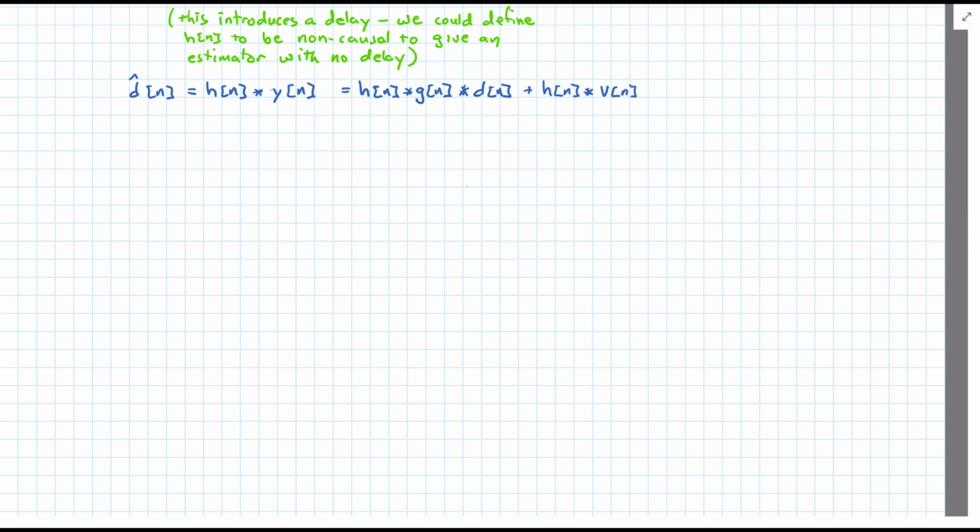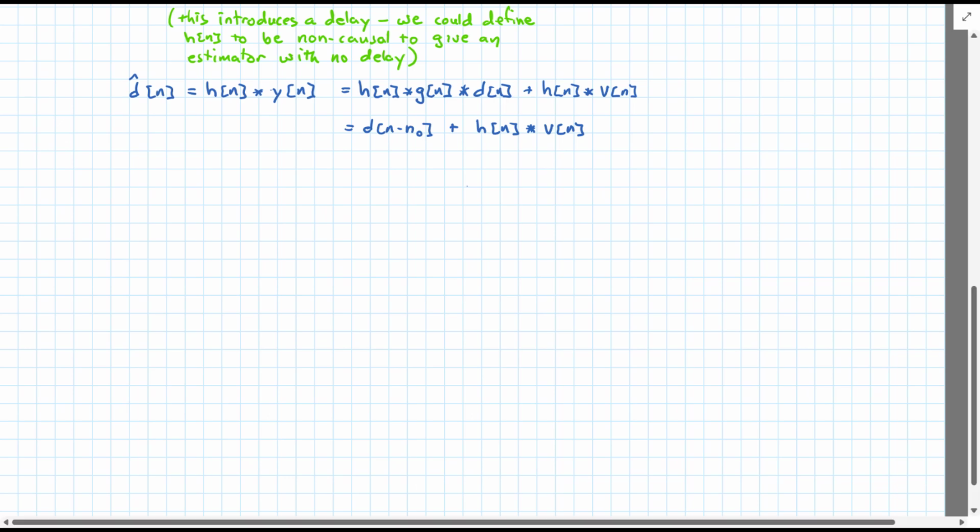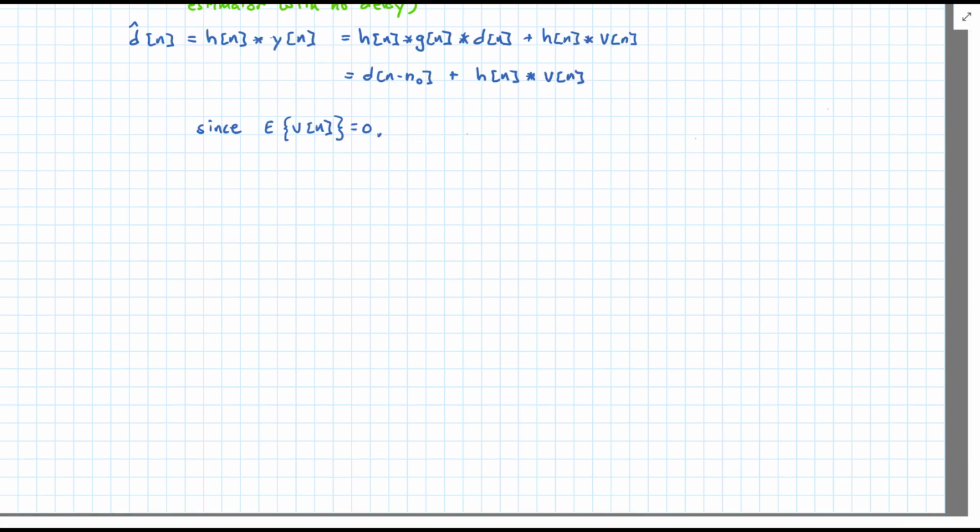And the h of n convolved with g of n convolved with d of n is just going to give us a delayed version of the transmitted sequence. And then we have our noise filtered with h.